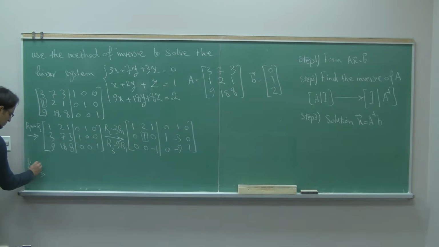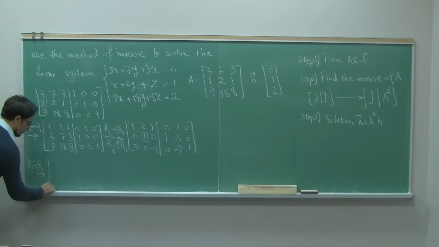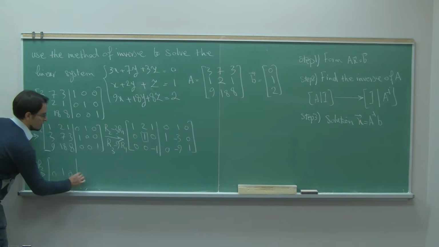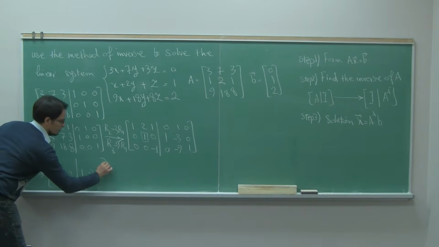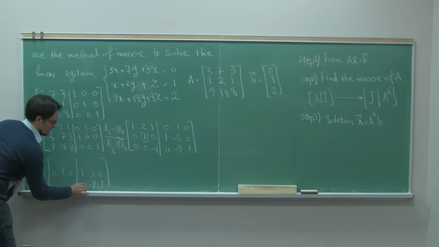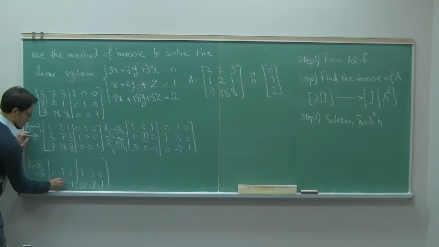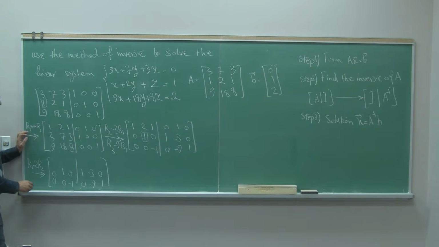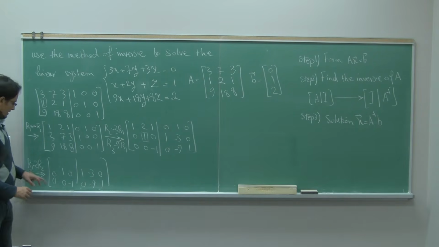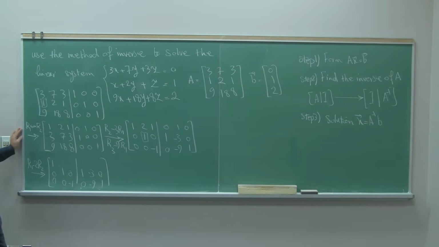So row 1 minus 2 times row 2, you get 0, 1, 0, 1, negative 3, 0, 1, negative 9, 0, negative 1, 0, 0. OK, so negative 2 times 0, 0 added to 1 is 1.